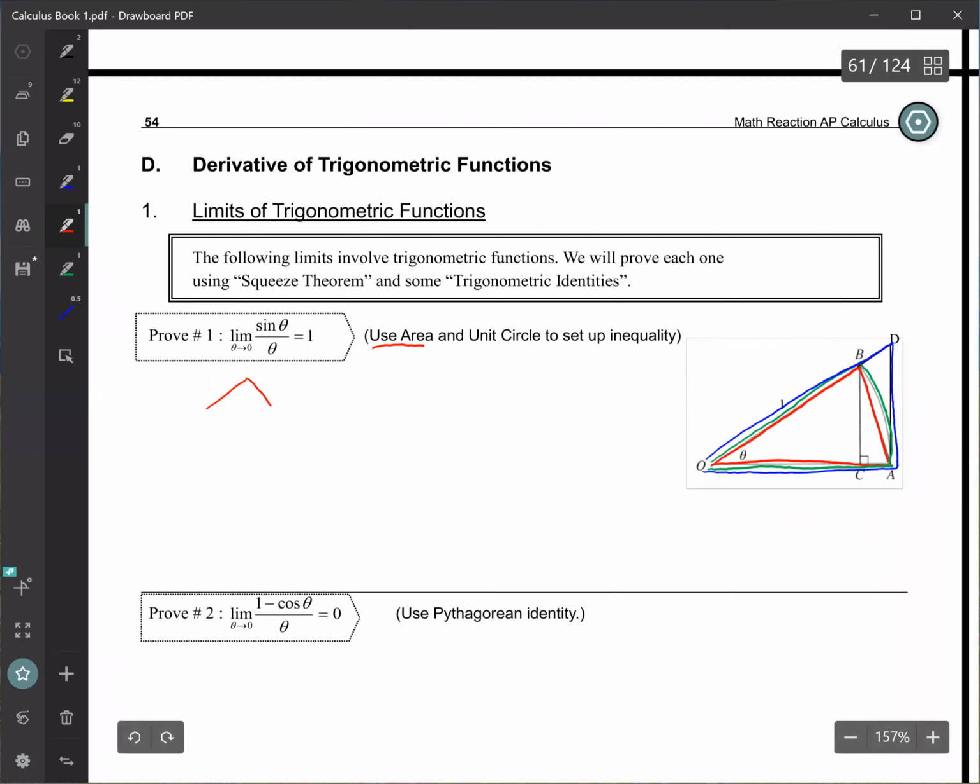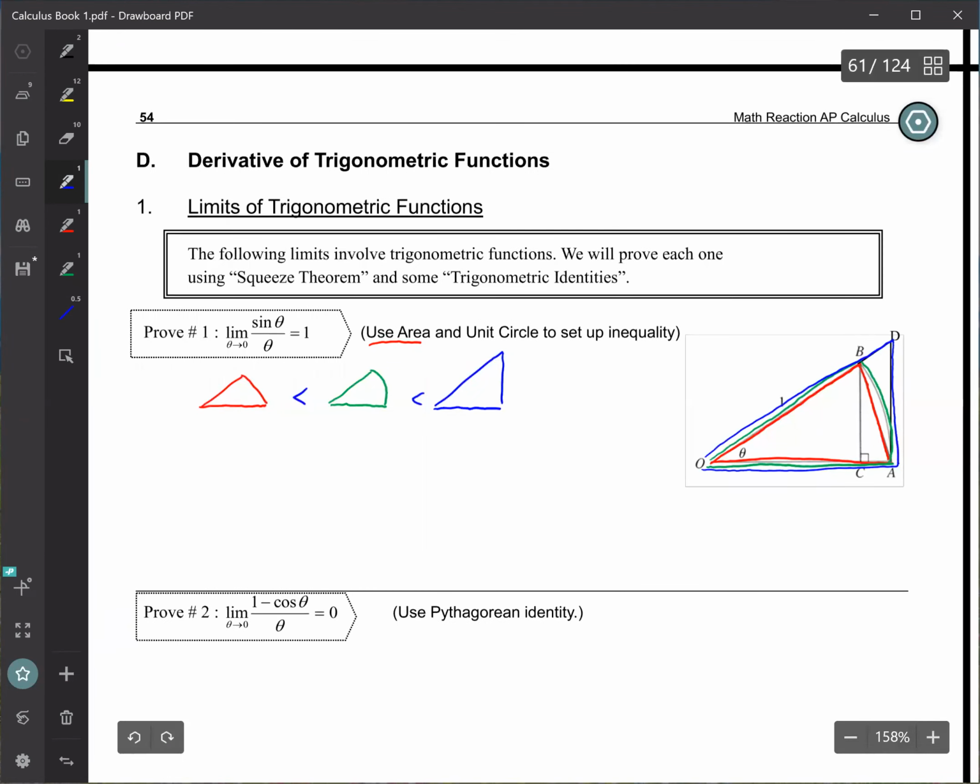The red one will be smaller than the sector one, and then smaller than the last one, the blue one. The way I'm going to show this is using the squeeze theorem.